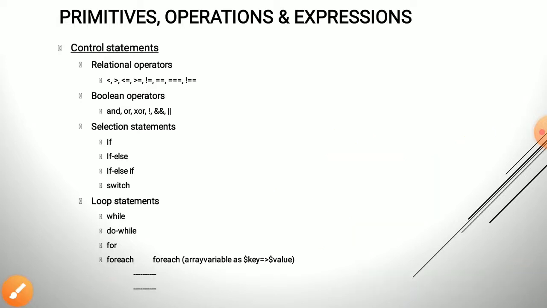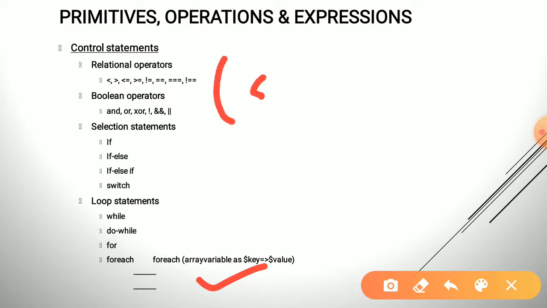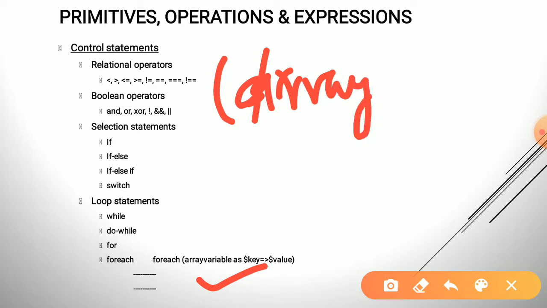This foreach statement is mainly used for looping through the values of an array, and it can take two forms. One is foreach array variable as $key arrow $value, that is one format, and another format is foreach array variable name as $value.